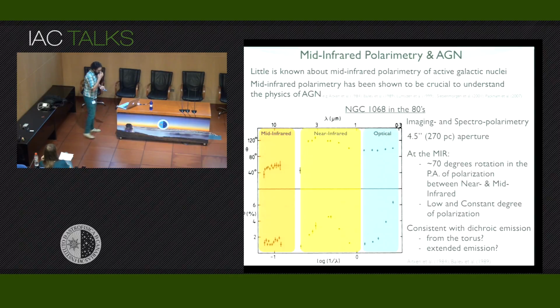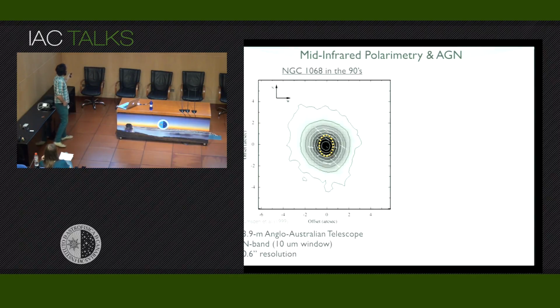Later in the 90s, using a 3.9 meter telescope, the Anglo-Australian Telescope, in the N-band, at 10 micron, with a 0.6 arc-second resolution and 7 hours of observation, they obtained one vector in the center.